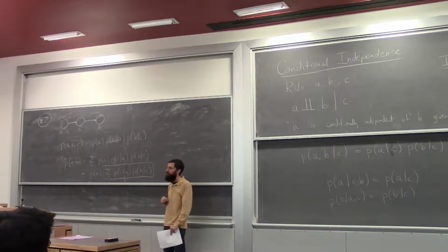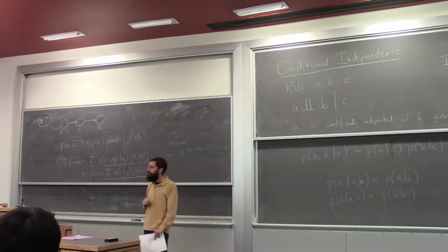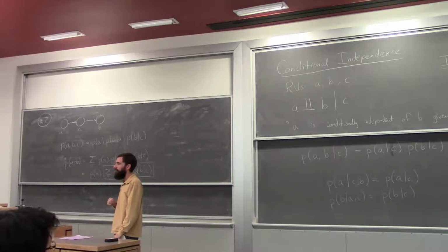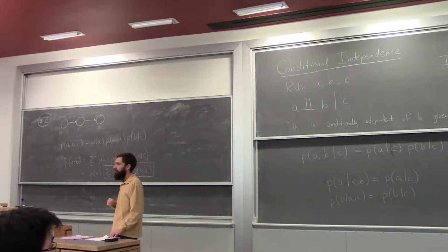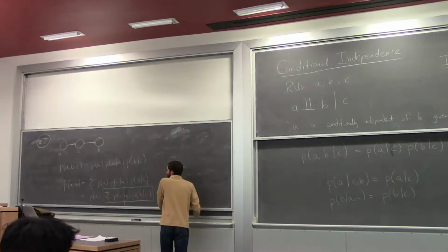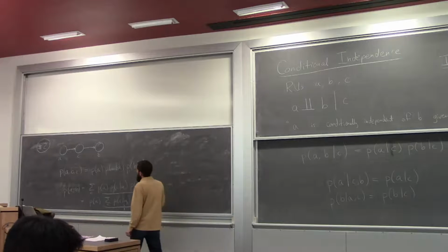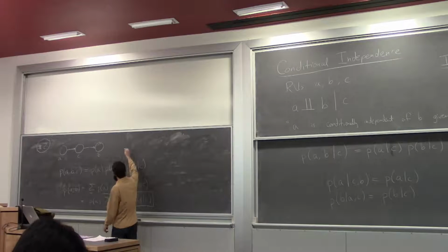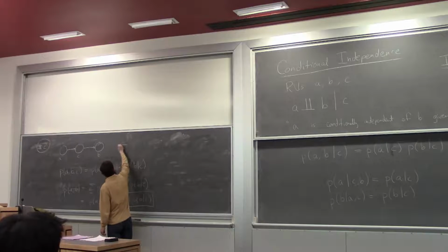Right, but couldn't we convert this Markov chain into example number 1 using the same method we had to take out a link in the chain? No, remember, when we took out a link in the chain, what we showed was, if you sum over C here, so marginalizing C, we showed last time that summing over C actually gives you this model.